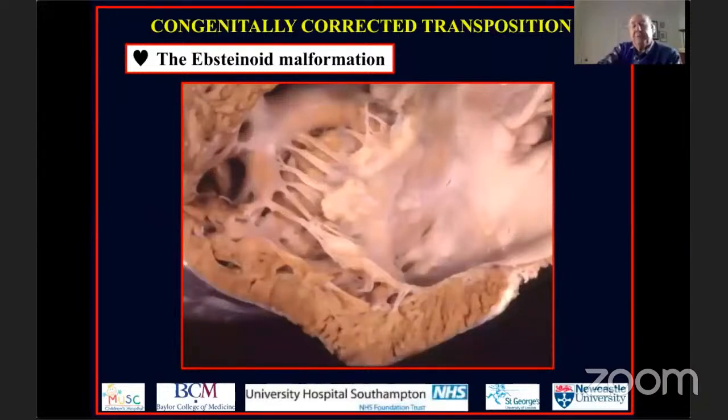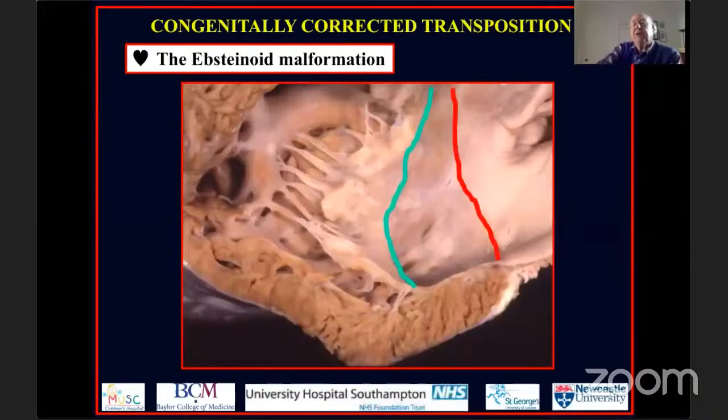But let me just say a few words about the ebstenoid malformation in the setting of congenitally corrected transposition, because we now know it is not typical Ebstein's malformation. This is showing you a picture of the left morphologically tricuspid valve in an example of congenitally corrected transposition, and there you see the hinge line of the septal leaflet.